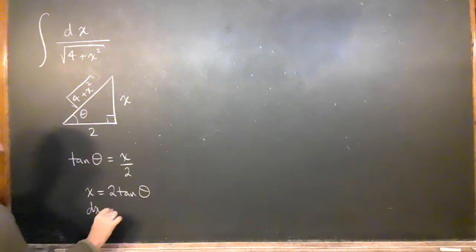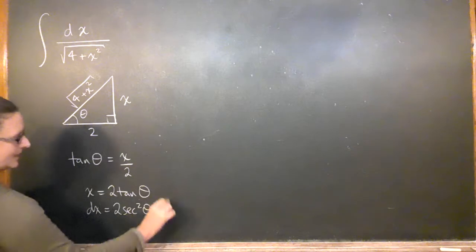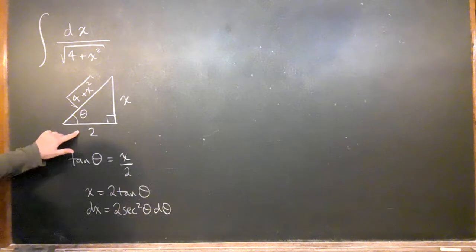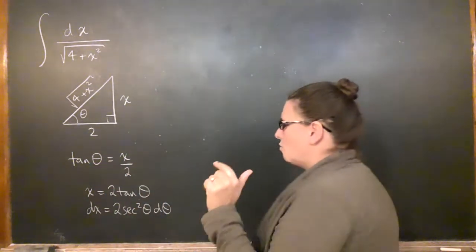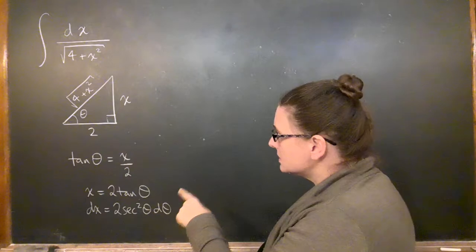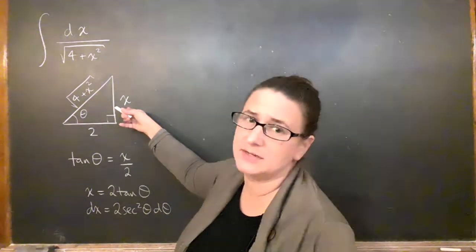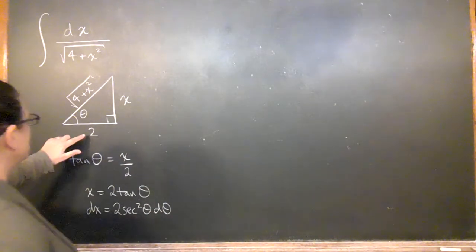dx then is 2 secant squared theta d theta. And the square root, of course, is the hypotenuse. So if I want to read off from the triangle what the square root is, I'm going to pick the relationship that doesn't have the additional x. Okay? Because I want it as simple as possible.